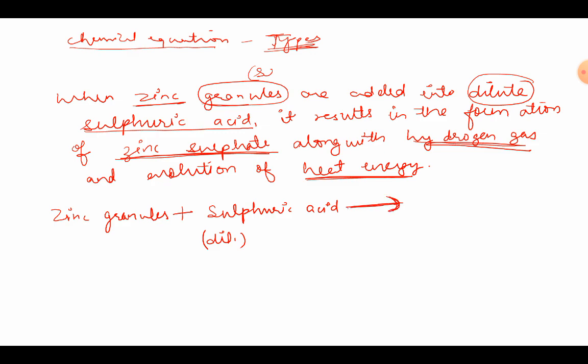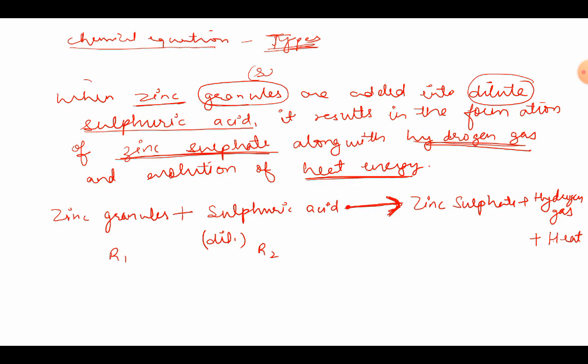It tells us that at the tail of the arrow, or the back of the arrow, are the two reactants R1 and R2, and this is the tip of the arrow. So here the products will be written, that is zinc sulfate and hydrogen gas along with the liberation of heat.